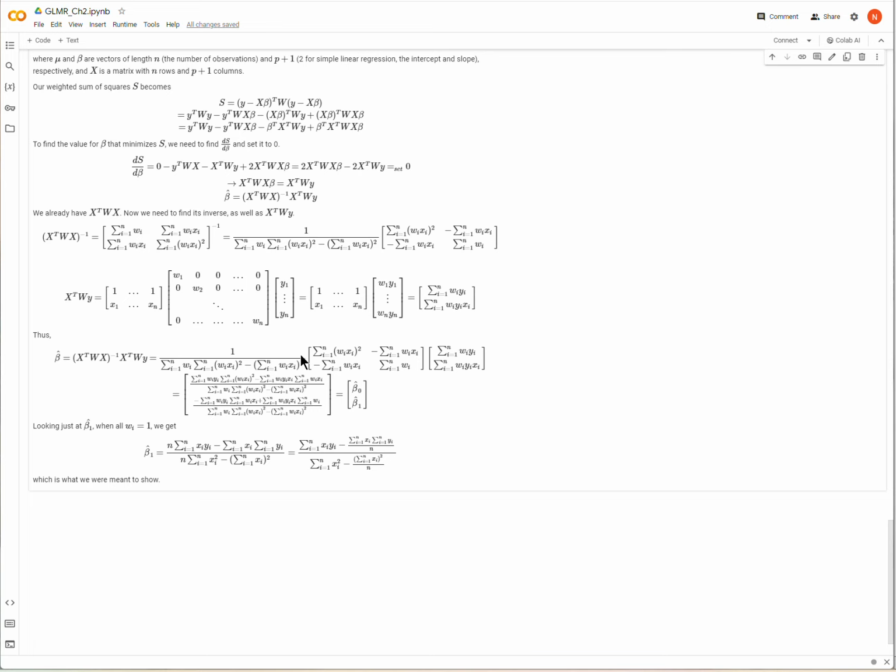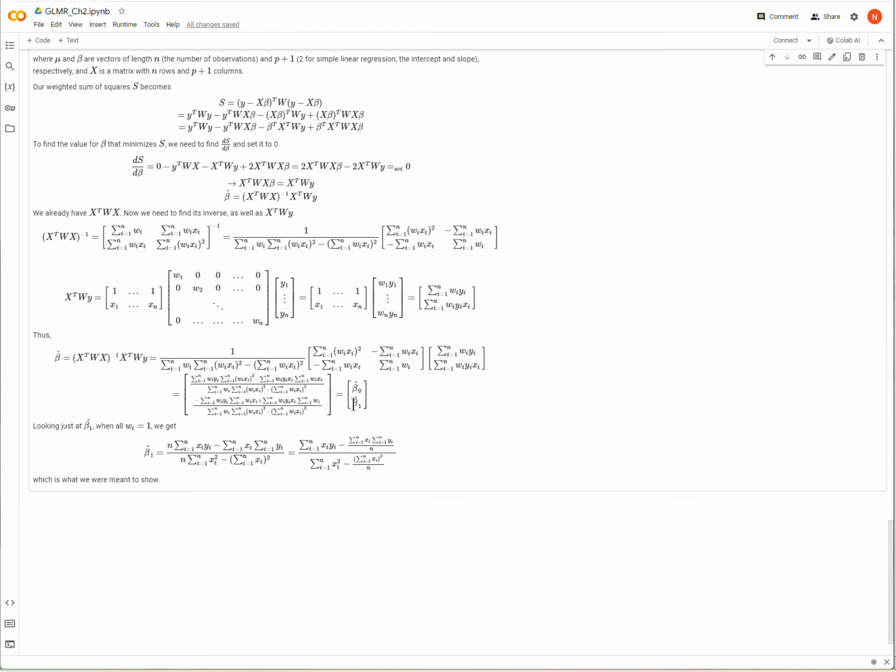That's a 2 by 2 and a 2 by 1, so I get a 2 by 1, and then I divide both elements by this factor that sits out front, and I get this big ugly expression. The top part is beta naught, and the bottom part is beta 1. You have to squint your eyes to see what that looks like.